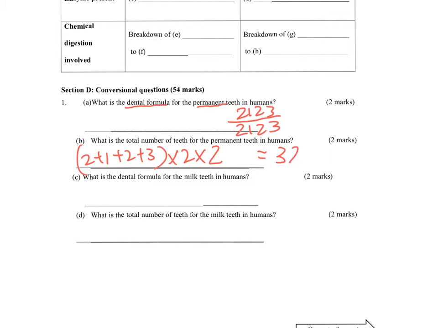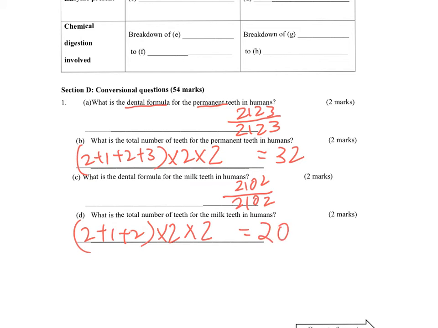So the total number is 32. And the dental formula of milk teeth is 2102 and 2102. Again, simple calculation. Upper jaw and lower jaw, and right part and left part. And the total number is 20.